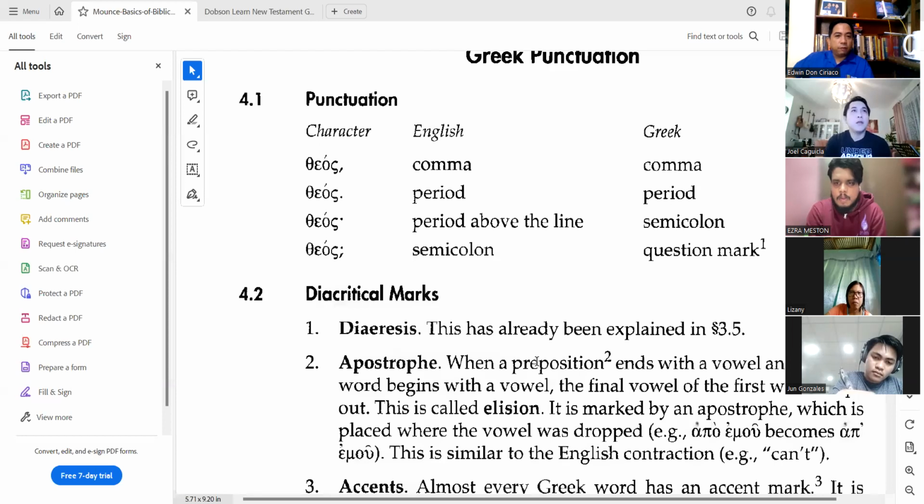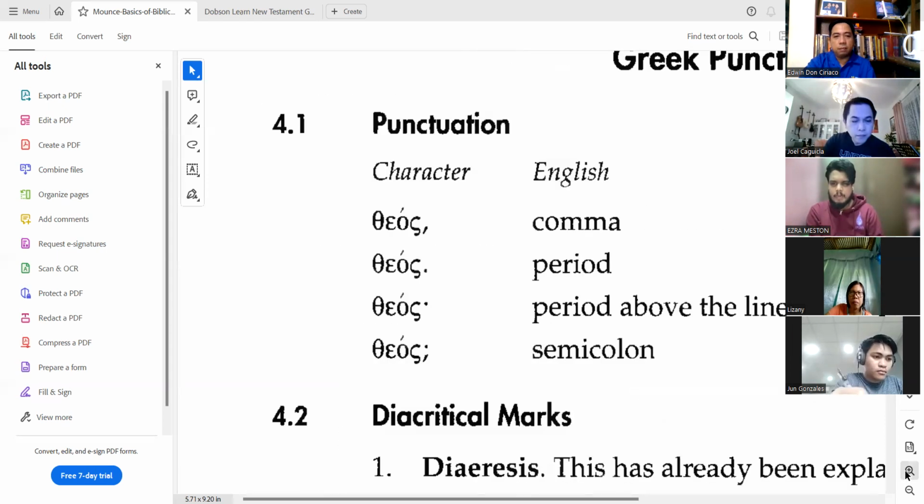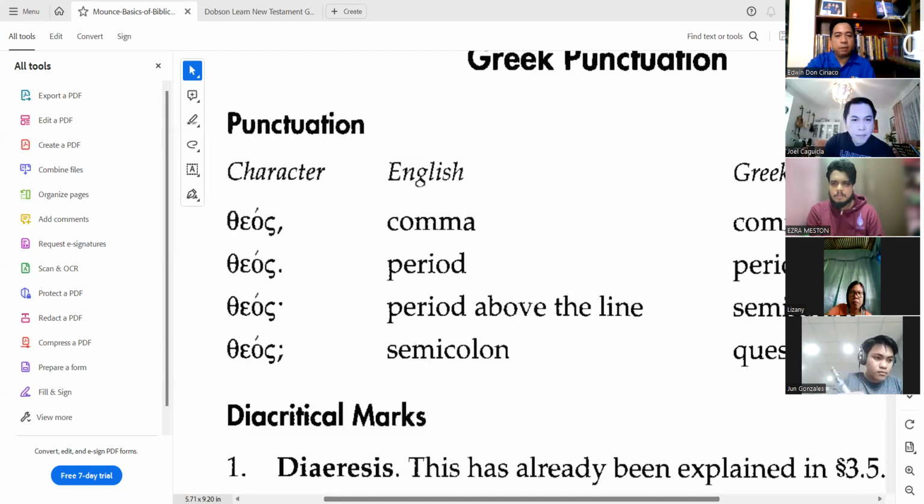So the period functions the same way. It is the same function, what we have, the comma and the period. But look at this one, the period above the line. It is a semicolon.